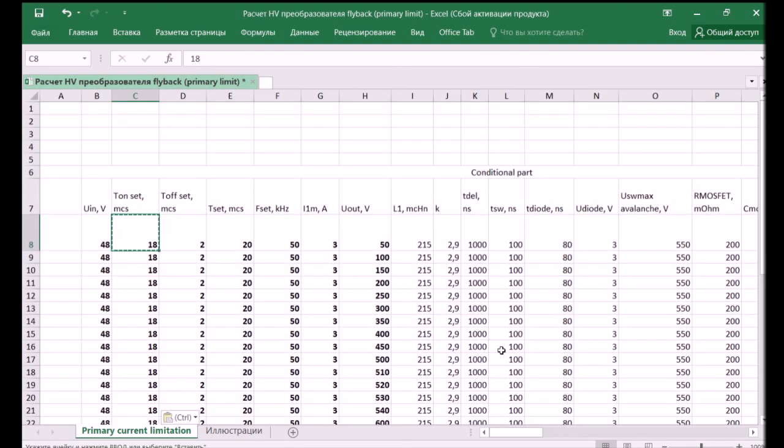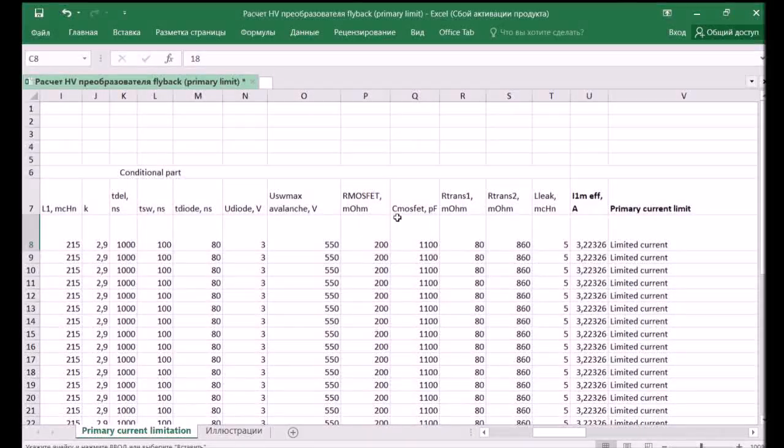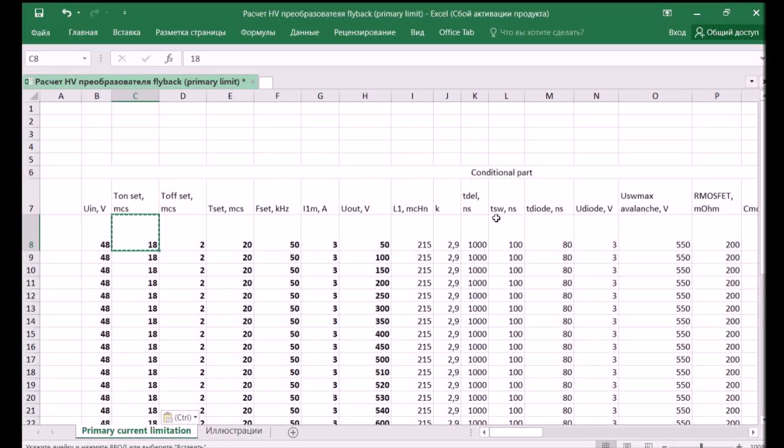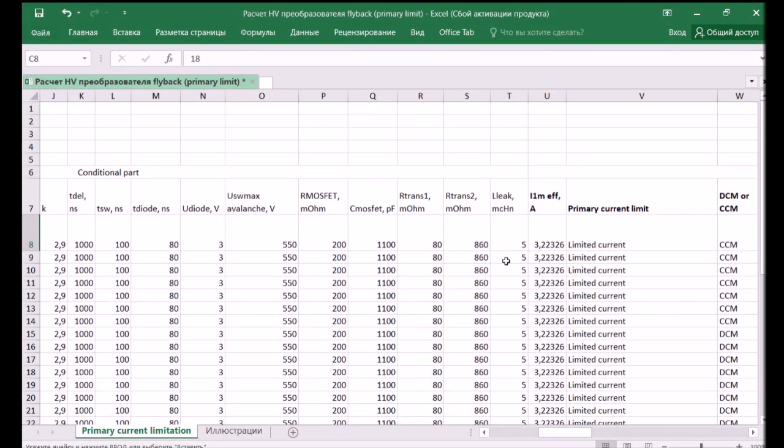Of course, it can be modified. For example, we can calculate power losses in our MOSFET and change accordingly its internal resistance, because it has some temperature coefficient, and we can change it in each line.